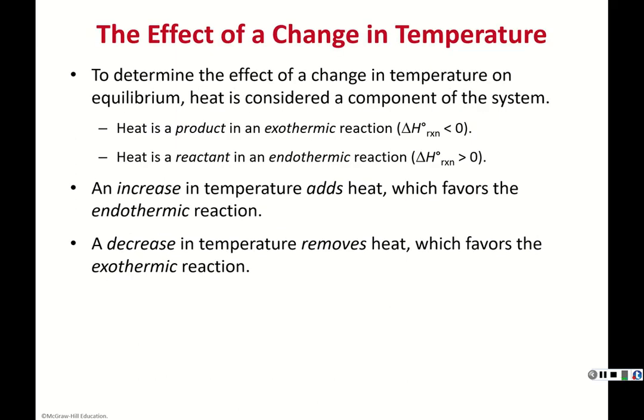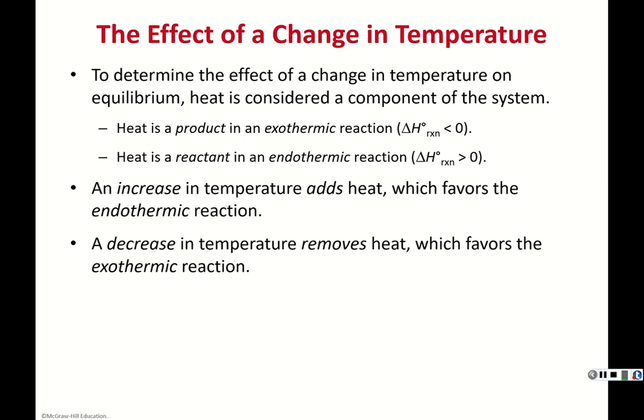We can also change the temperature of a system. To determine the effect of a change in temperature on equilibrium, you have to consider heat as a component of the system. So we're going to go back to our delta H's and the sign of delta H specifically.